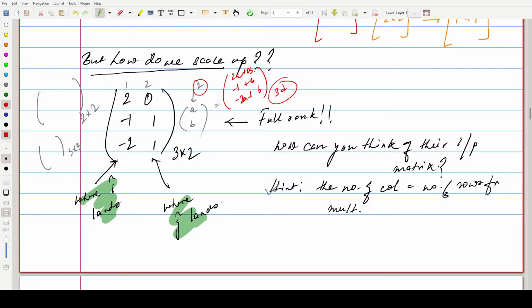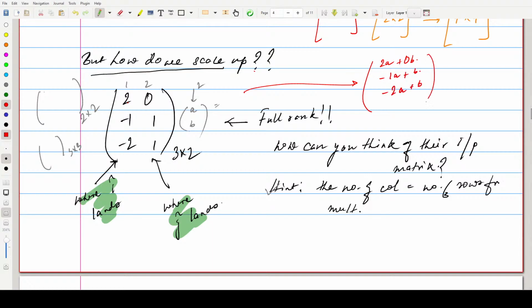Can you please repeat this once again? Yeah. So just for the sake of it, okay. So we have something over here. So let's just do the multiplication, right? So we have 2A plus 0B, and minus 1A plus B, and minus 2A plus B. Okay, so what is this essentially?